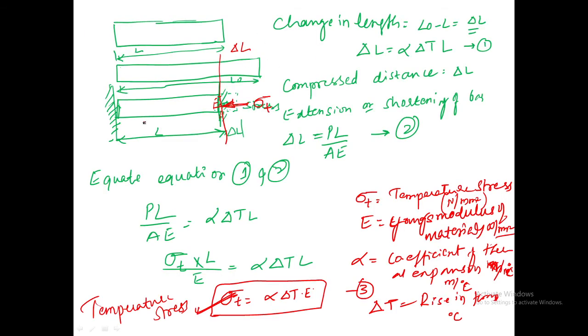Now in this case, as we need to find the temperature strain, it is equal to sigma T by E, right? Now this is equal to alpha into delta T. Alpha into delta T is the temperature strain.